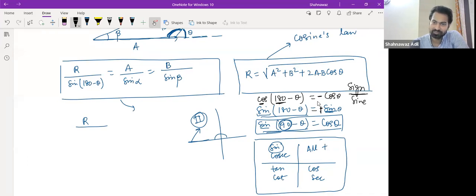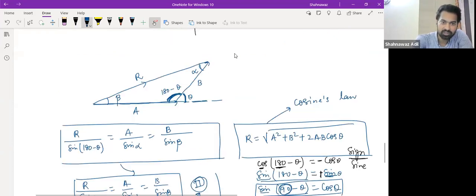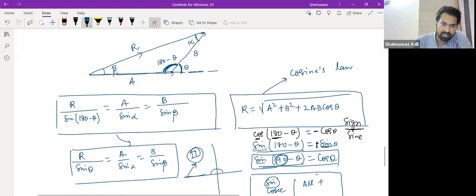So sine of 180 minus theta would be sine theta, and A by sine alpha and B by sine beta. So just remember this. This is the sine law, right? Just remember that this beta is the angle between this and this.